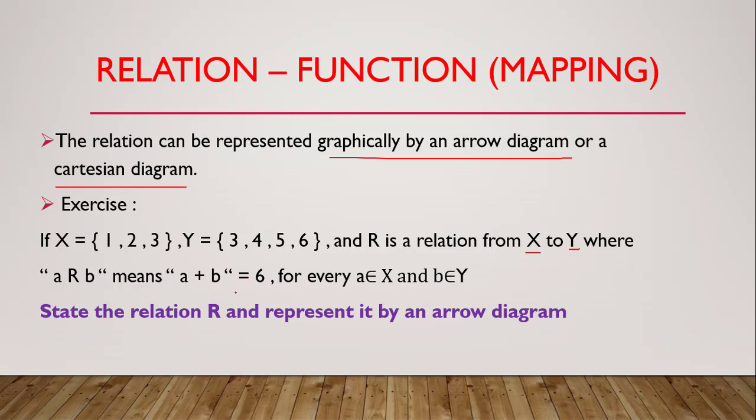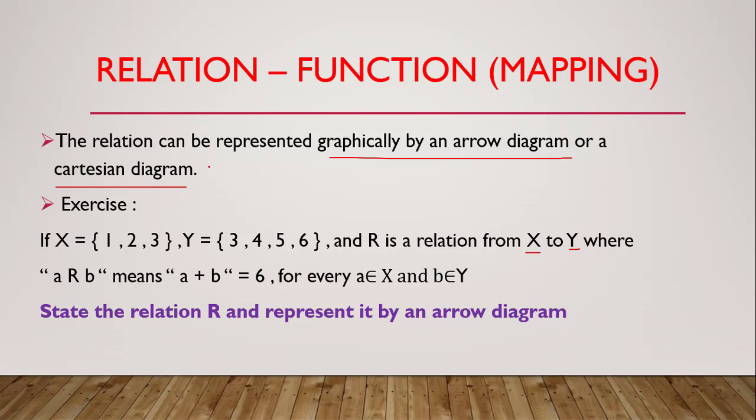So if we have an ordered pair A and B, A belongs to x and B belongs to y, they can be written in this relation if the summation of A and B equals 6.